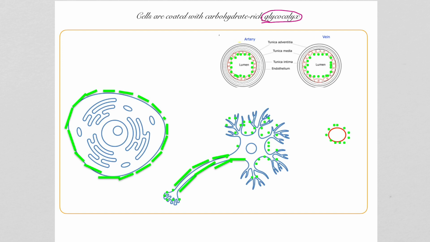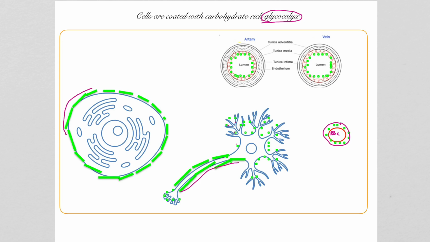Okay, so the glycocalyx is this part here shown in green that surrounds all the cells. So here's a neuron, with its glycocalyx shown in green. Here's a red blood cell with its glycocalyx, shown in green.